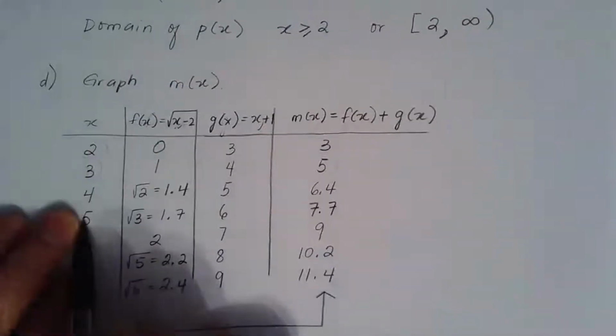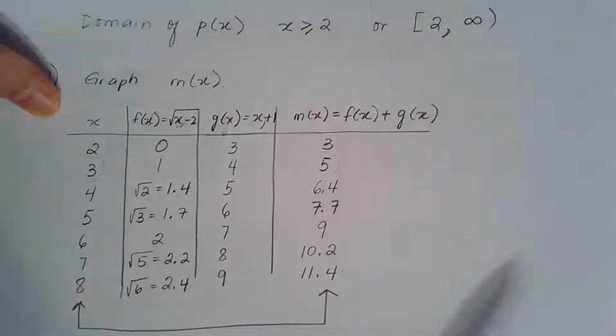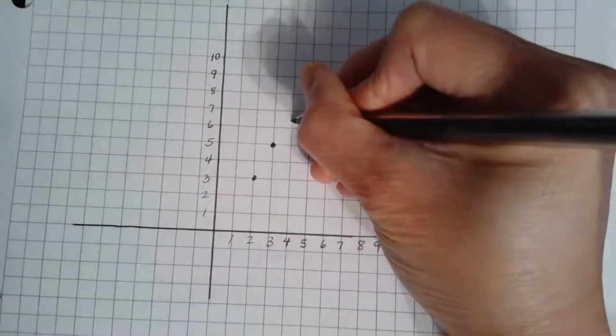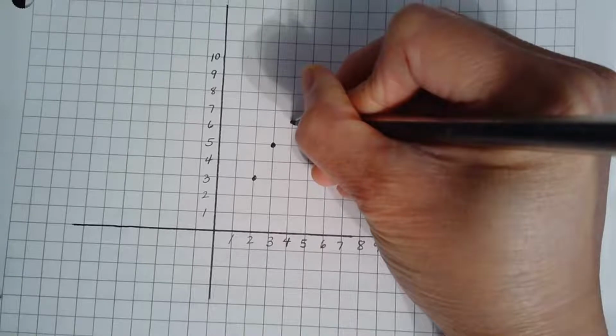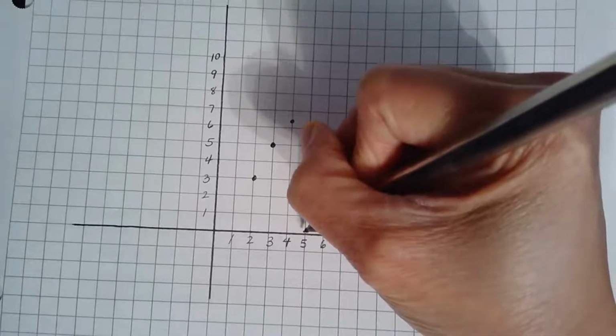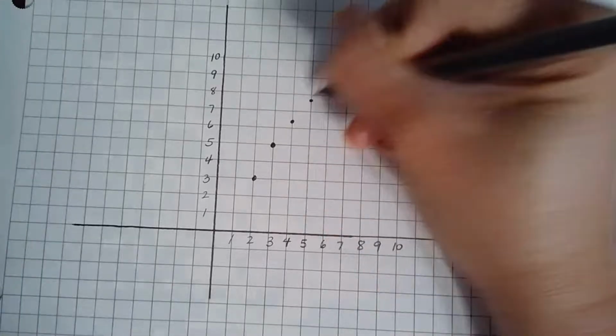And it says here 4, approximately 6.4, so somewhere here. 5 is 7.7, so approximately there.